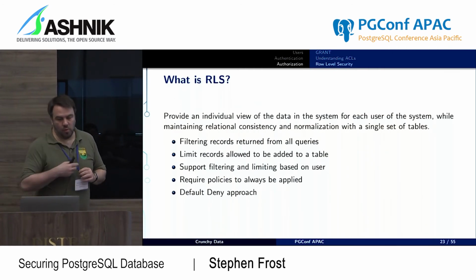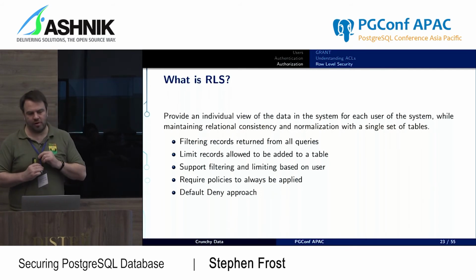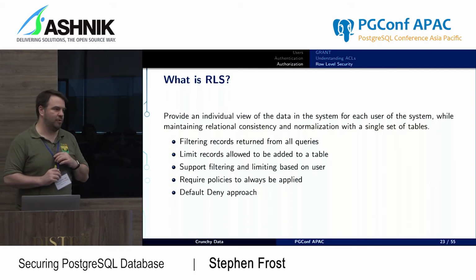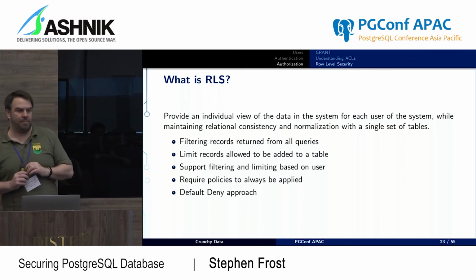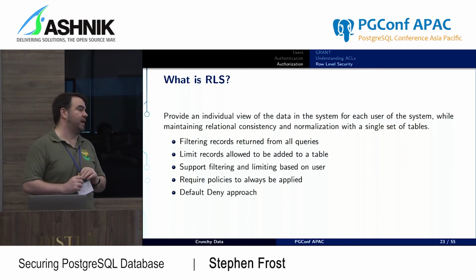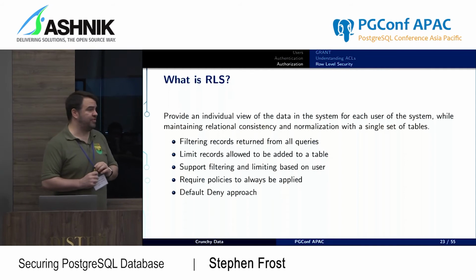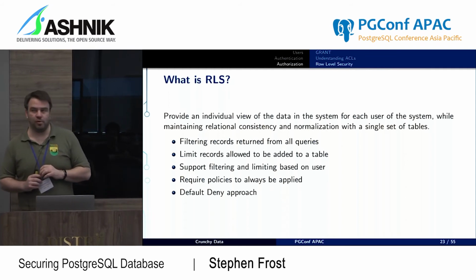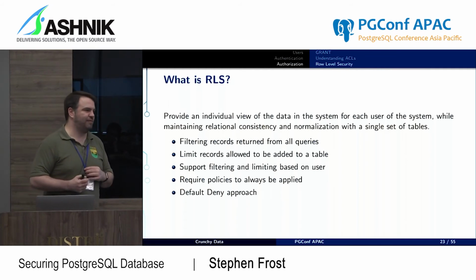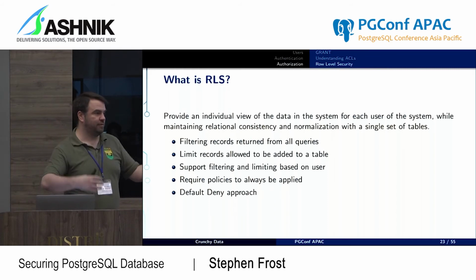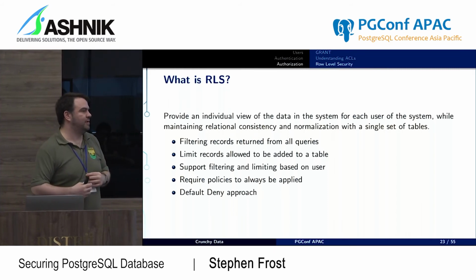All right, so what is row-level security? Row-level security allows the ability to filter records that are actually returned based on some kind of policy or criteria, based on the user that's asking the question. So you can have a situation where different users have different viewpoints, different views of the database.